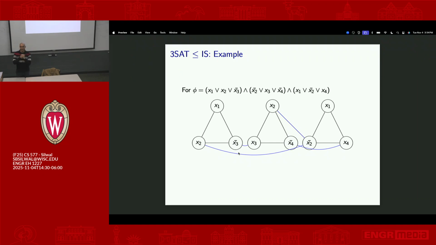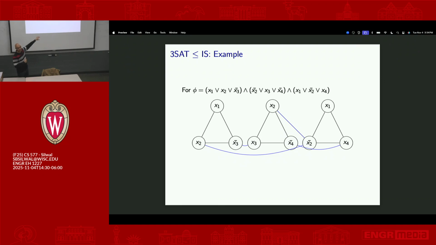For this problem, why did you draw them as triangles? Why did you not have x1 and x2? Yeah, that's a very good point. If you end up having two things in the clause that are true, you can just pick one of them, and that's fine. But the thing to check is a yes instance.